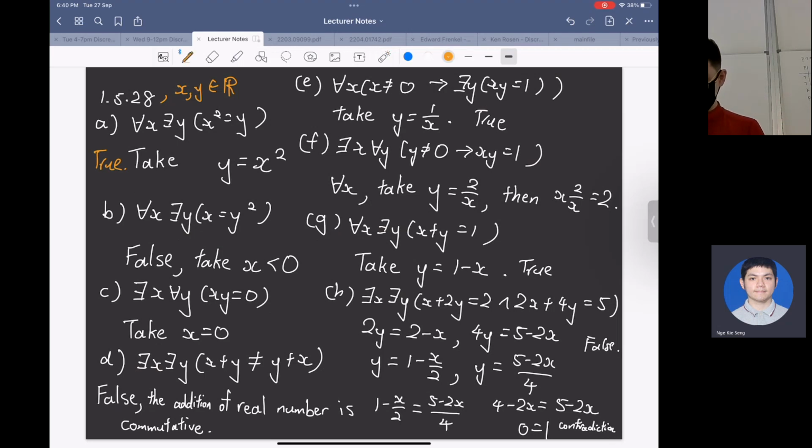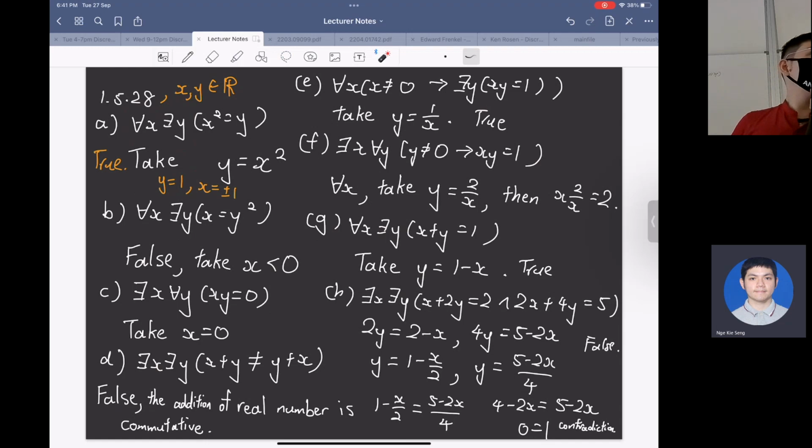So let's say, as an example, you take Y equal to 1. 1 only works for X equal to plus or minus 1. So it doesn't work for all X. So this Y is wrong. You need to have a Y that works for all X. So Y should depend on X.